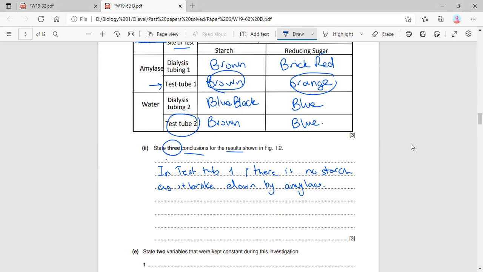Also, I can say that there is sugar in test tube 1.